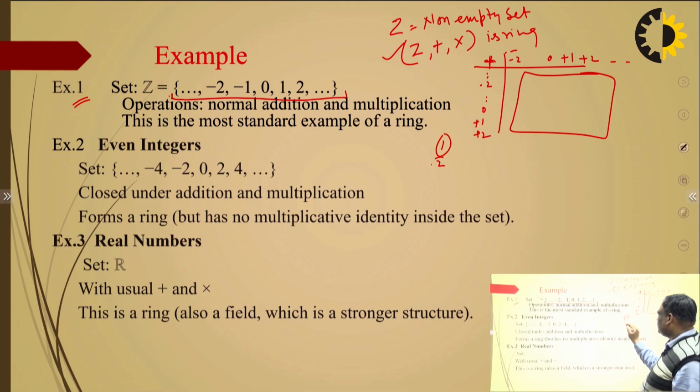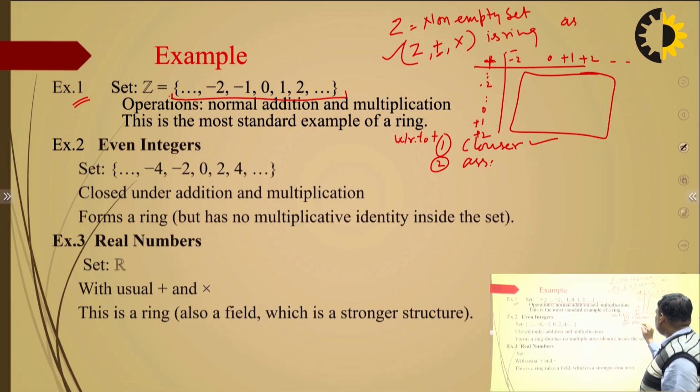The second one: with respect to addition, we can prove the associative law. Closure holds, associative holds. The third one: 0 is the identity element, because minus 2 plus 0 equals minus 2.